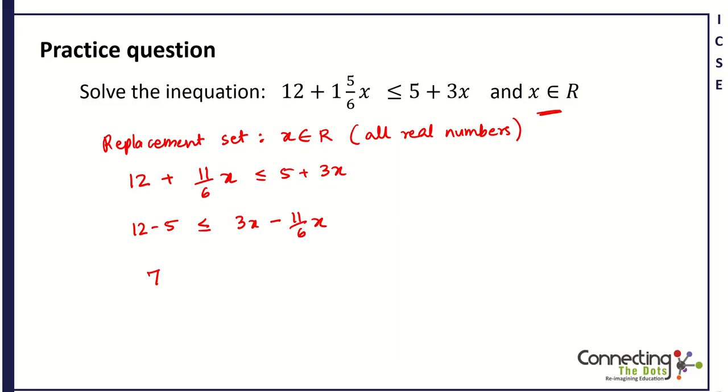Using the LCM, we can simplify this. It's 18x minus 11x by 6. So multiplying both sides by 6, we get 42 is less than or equal to 7x. Now you divide both sides by 7, you get 6 less than or equal to x. Another way to write it is x is greater than or equal to 6.